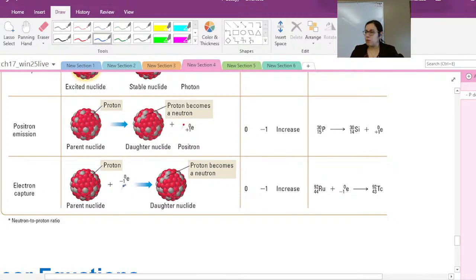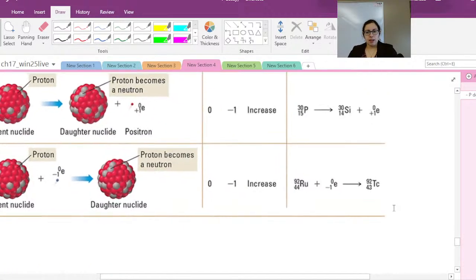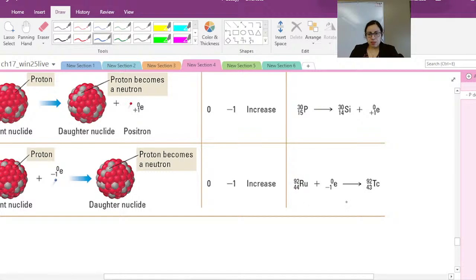So proton plus electron gives a neutron, and sometimes that could also lead to further decay. Here's the classic example of that. So you have 92 ruthenium. Notice how the math works out: 92 is conserved, and since we're capturing the electron, our protons decrease.